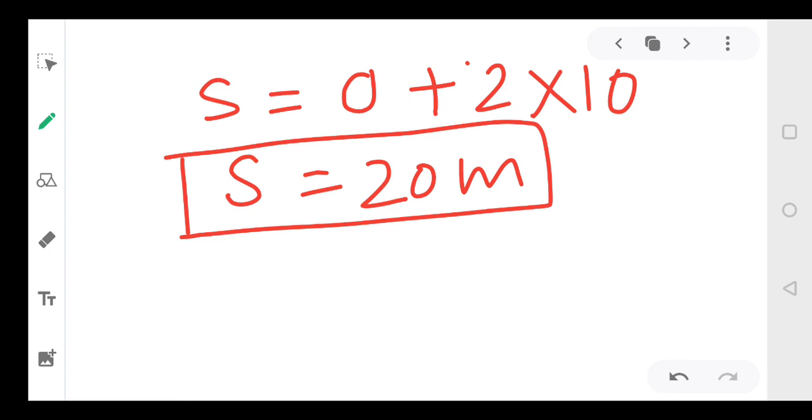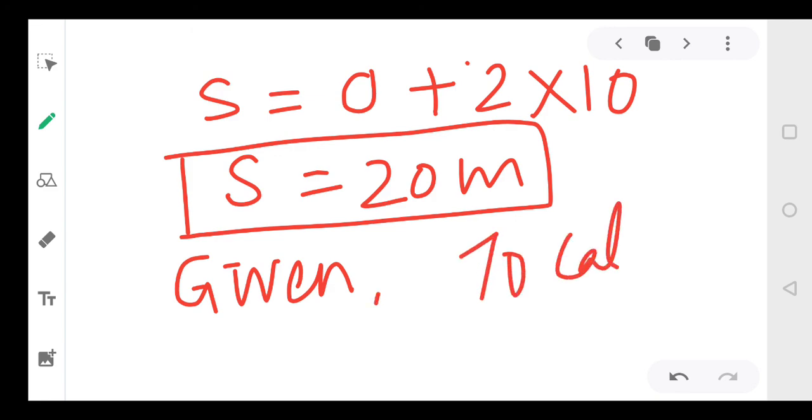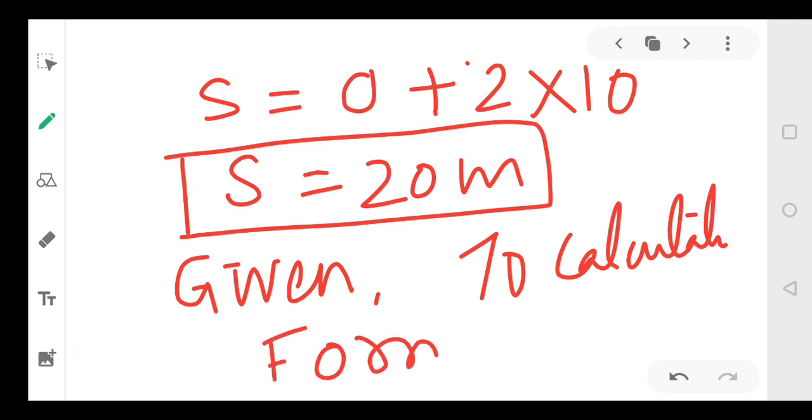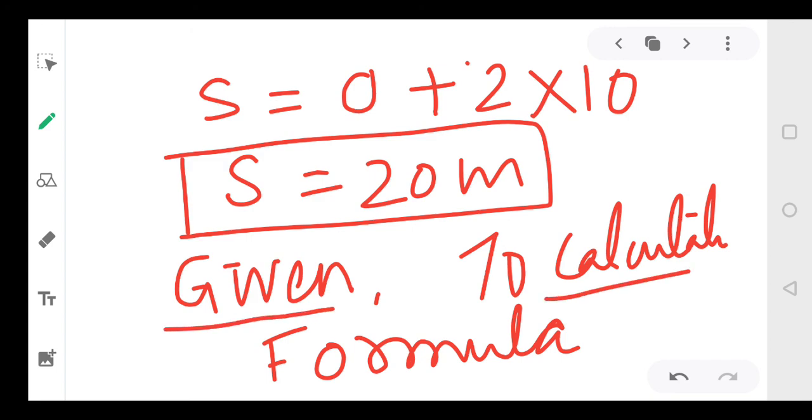That is, you have to write what is given. You have to note down what is to be calculated. And then you must remember the formula. So there are 3 requirements for solving any numerical. Read the question, write what is given. Then what we are supposed to calculate, and which formula. Just think which formula we can apply to calculate.